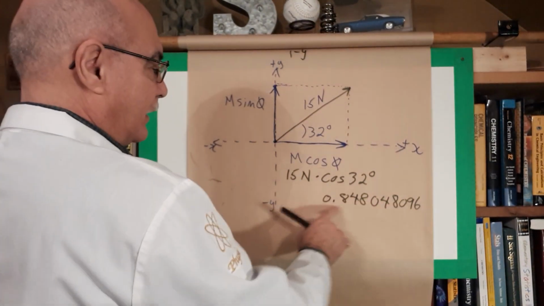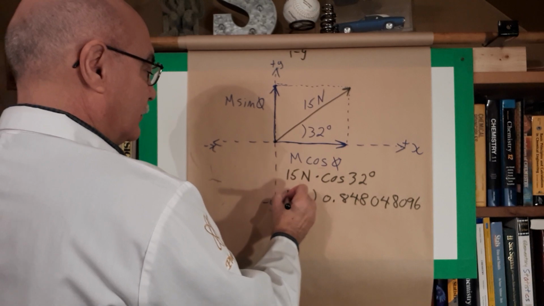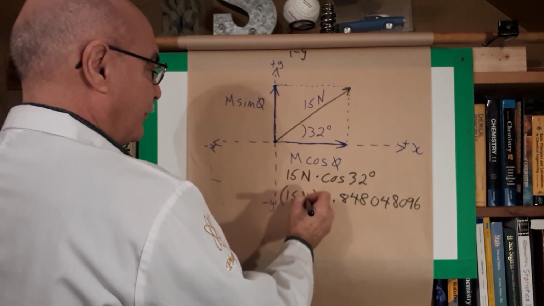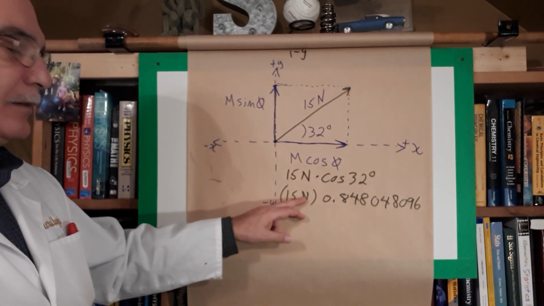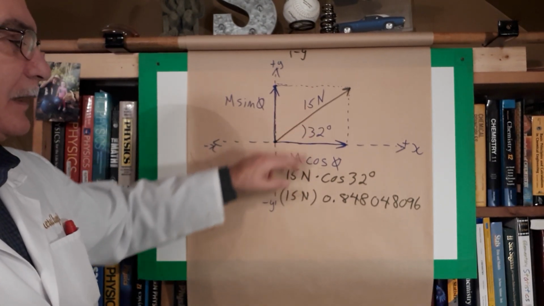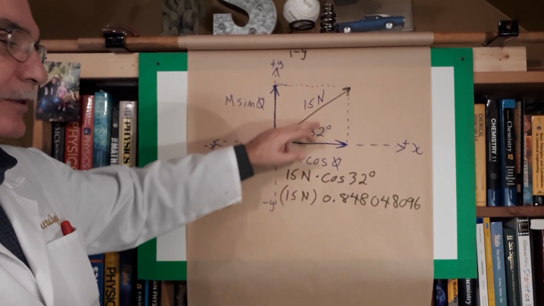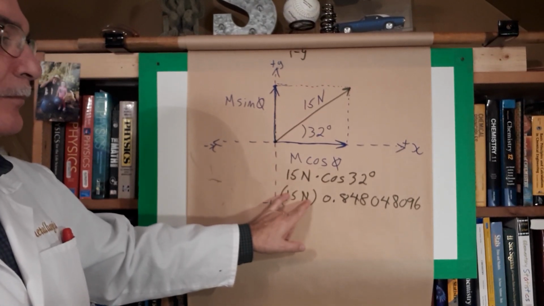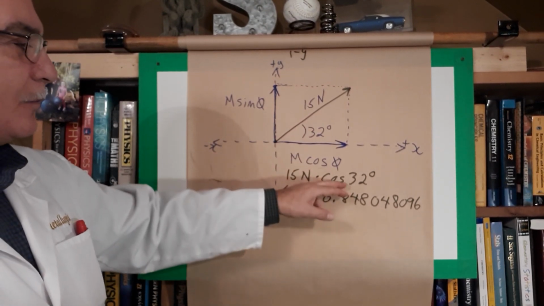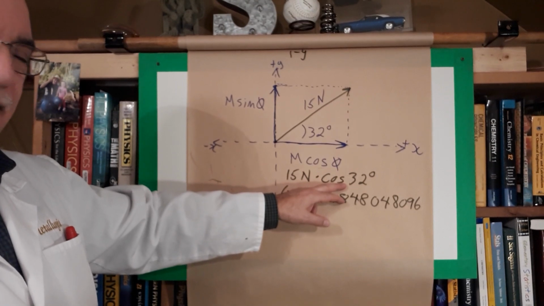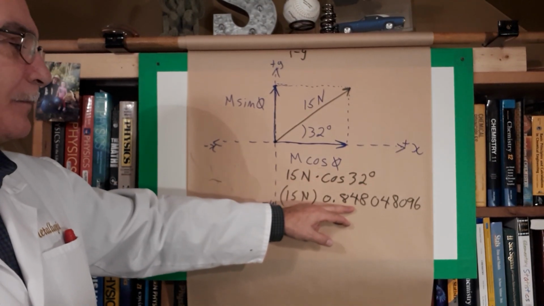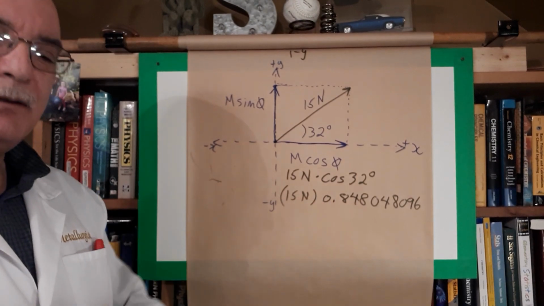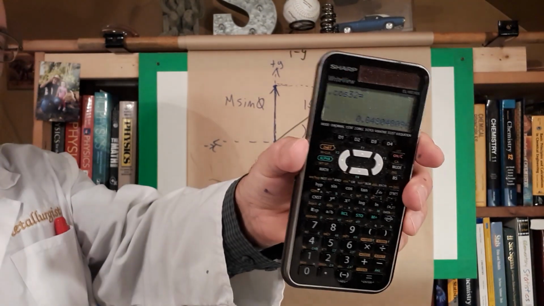And we'll take this number now, and we're going to multiply it by the 15 newtons. Wherever we move the 15, the newtons, the units have to go with it. They're a married couple. So 15 newtons. And once I take the cosine of the 32 degrees, it becomes a dimensionless number. Multiplying these two together now, I already have the cosine of 32 degrees in my calculator.